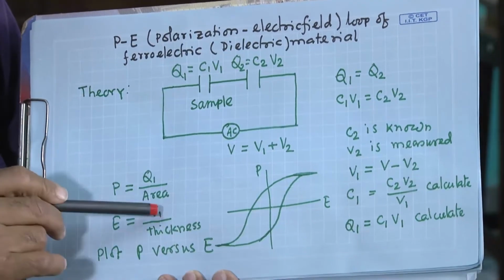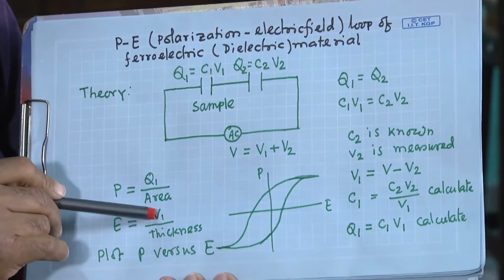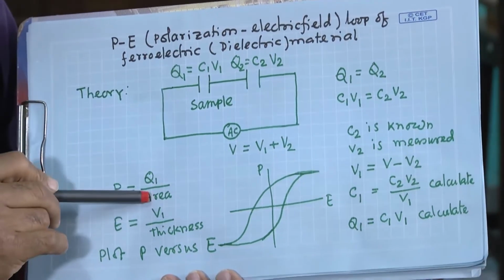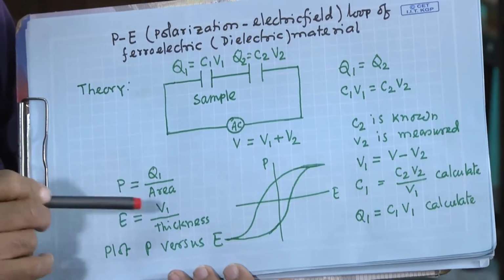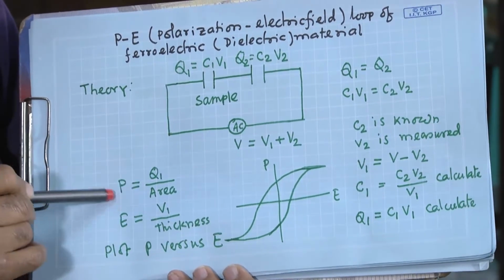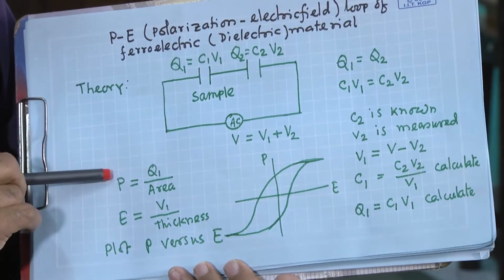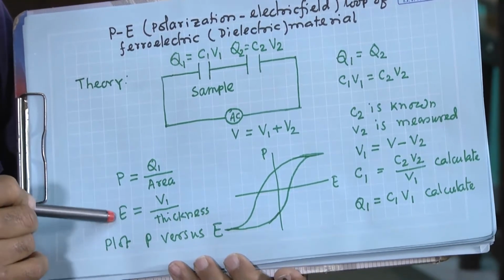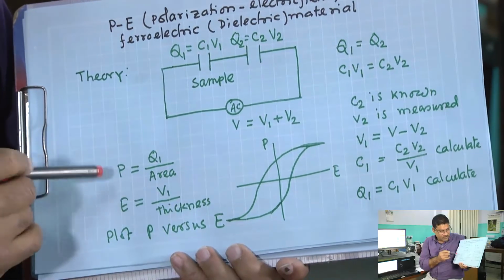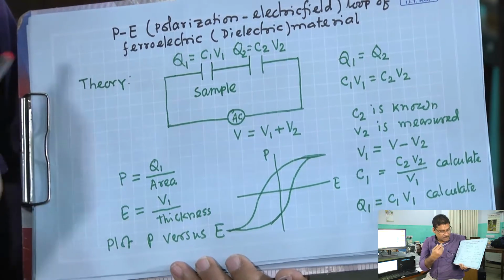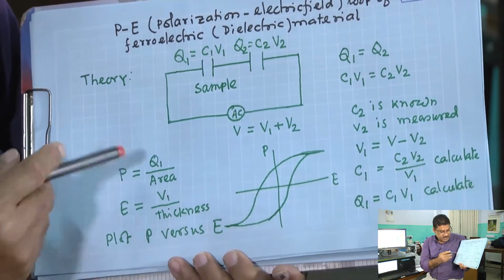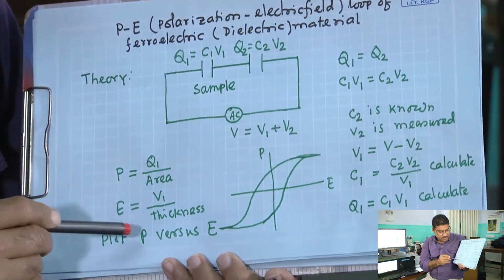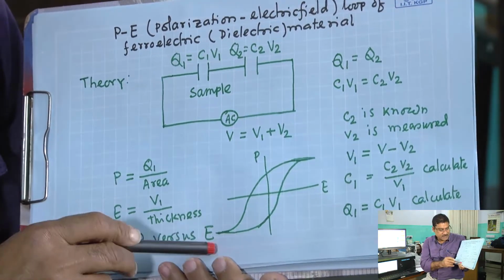From Q1 and V1, and the known area and thickness of the sample, we can calculate the polarization and corresponding electric field. For different electric fields, we measure the polarization, then plot P versus E.